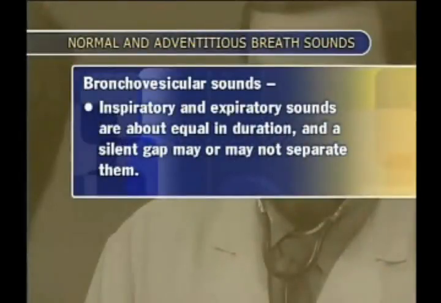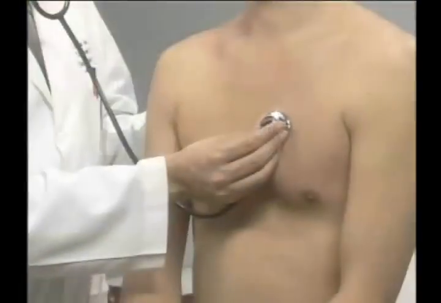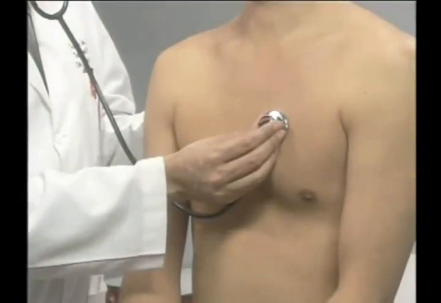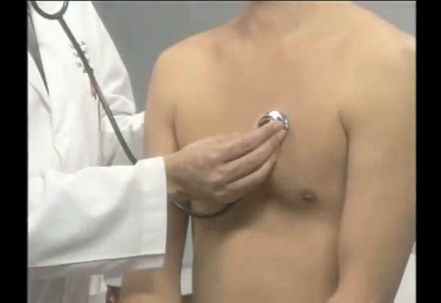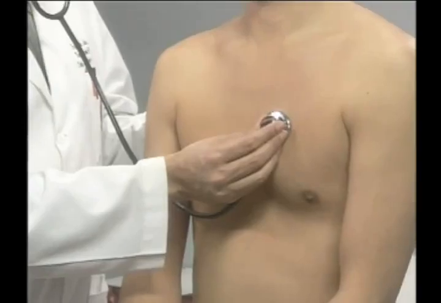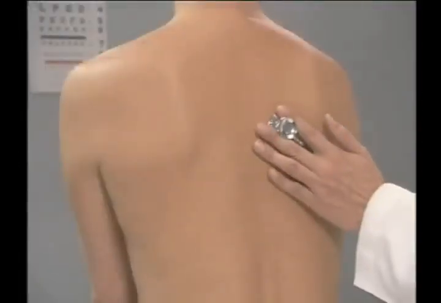Inspiratory and expiratory sounds are about equal in duration, and a silent gap may or may not separate them. These sounds may be heard in the first and second interspaces anteriorly, and between the scapulae posteriorly.